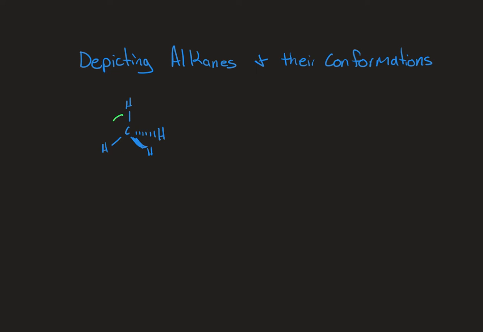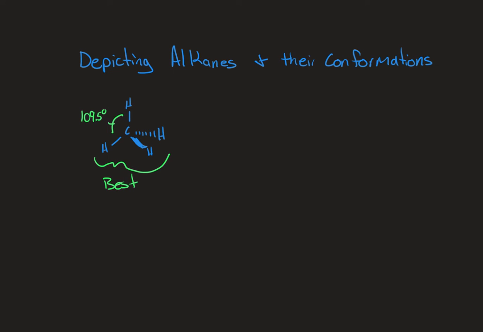These bond angles for an alkane, we've talked about, are 109.5 degrees, and you want to do your best to maintain that as much as possible. So this is the best way to think about drawing that in 3 dimensions.